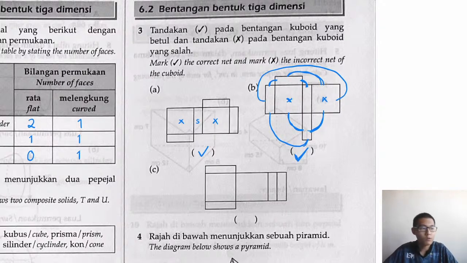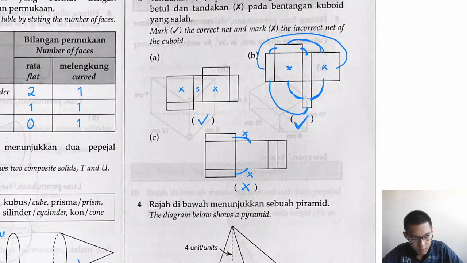If you try to use your paper and build it, for the last one you see the contradiction. When you try to build up beside this, it contradicts, so it is wrong. This one is equal, right? This one is also equal, so this one will match with this one.